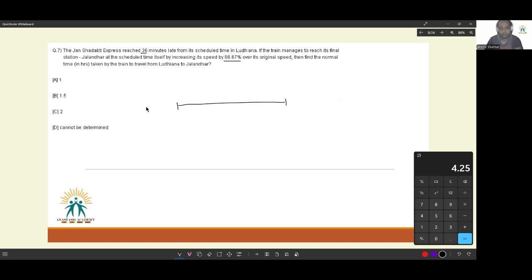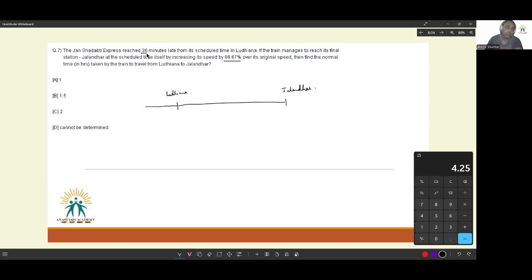Let's say the train was coming from somewhere and it was supposed to reach Ludhiana, then going to Jalandhar. It was supposed to reach Ludhiana at some time, but it came 36 minutes late.